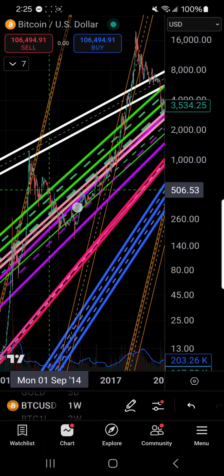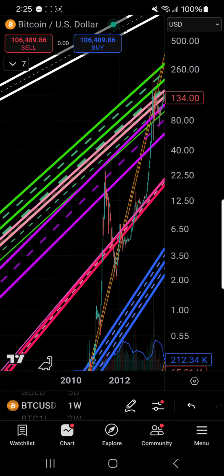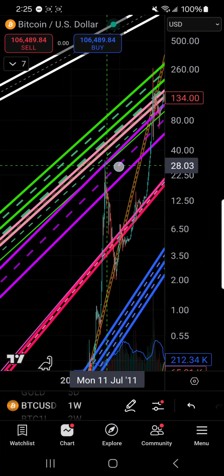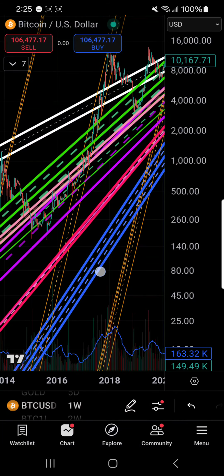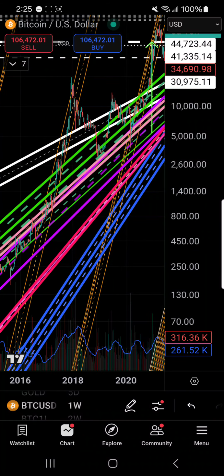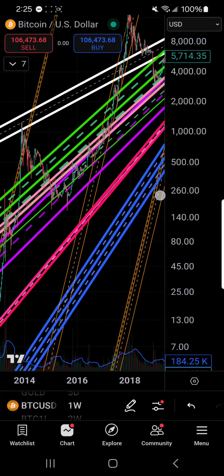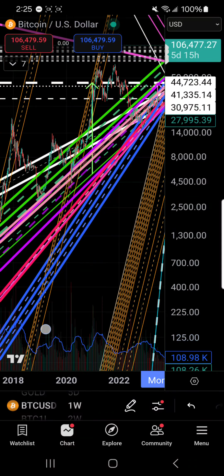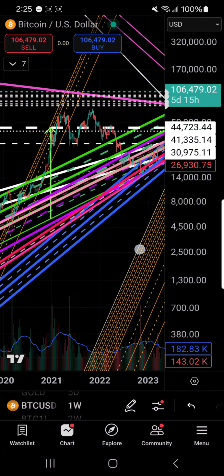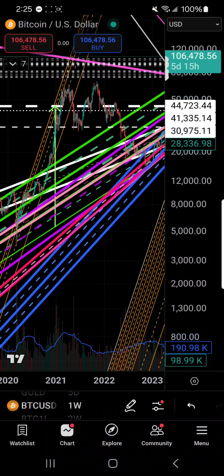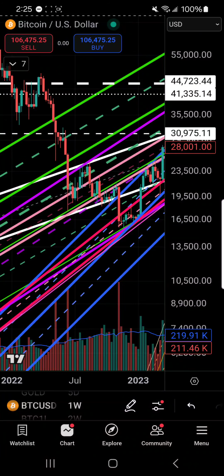There's the green channels, which go all the way back to this point, this high here in 2011, and catch a lot of the price action throughout Bitcoin's history. And then there's the blue channel, which is our most recent channel beginning in 2022. And then I guess there's an orange channel, which is much smaller right here in the middle.